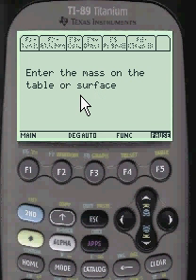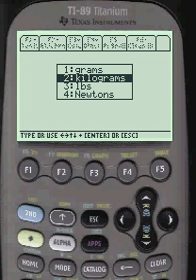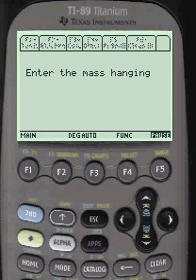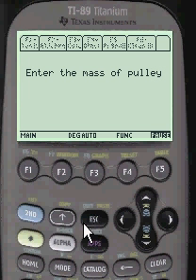and we're going to enter the mass on the table. You have to press alpha before you enter anything on these entry lines here. So it's alpha 3 for this problem on the table, kilograms. I do the conversions for you in case they give you whatever. I'm going to enter the mass that's hanging. Alpha 4 kilograms.